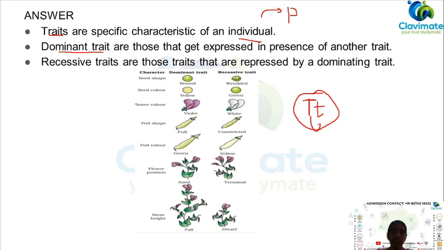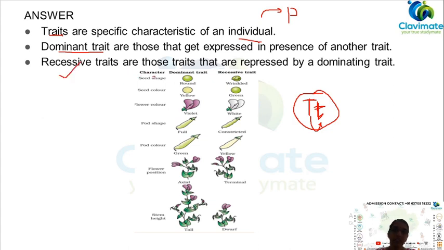So this is the dominant trait, and recessive traits are those traits that are repressed by the dominant trait. So this small t is called the recessive trait. Dominant traits are those that dominate, and recessive traits are those that are repressed. So these are dominant and recessive traits.